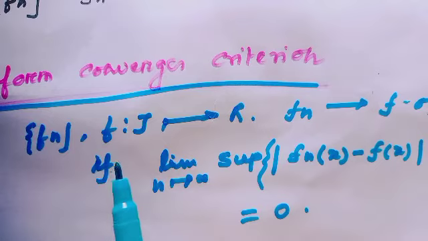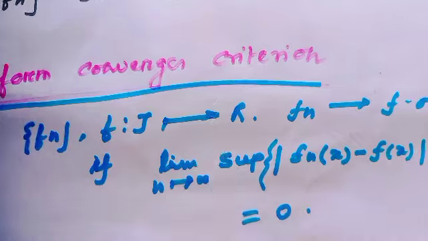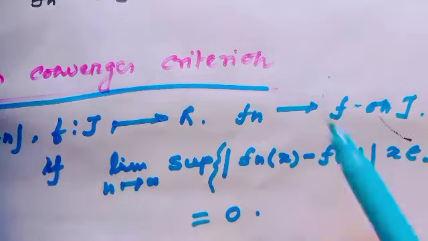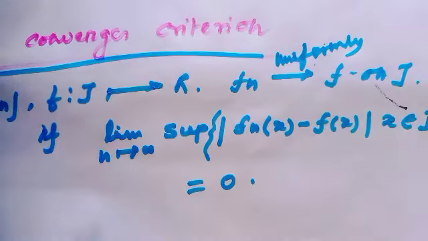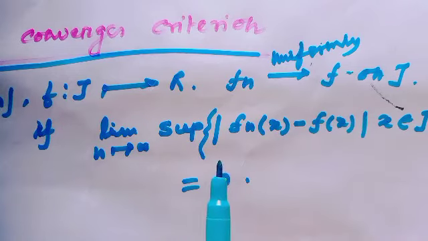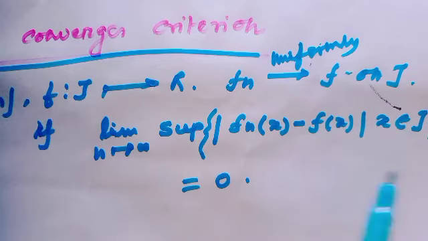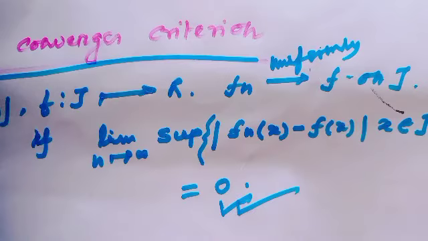Let the sequence fn and f be mappings from any interval J to R, then fn converges to f uniformly if the limit as n tends to infinity of the supremum of the set of absolute values of fn(x) minus f(x), where x belongs to J, equals 0. This is the criterion to find uniform convergence of a sequence of functions.